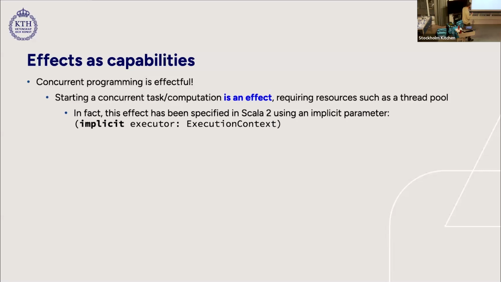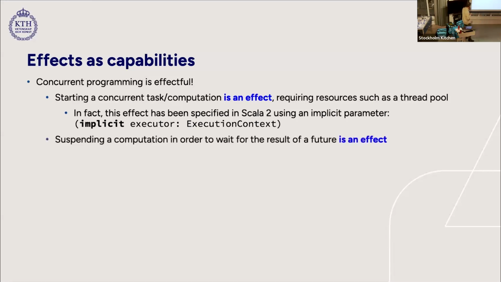This is essentially the same thing. In a sense, it's specifying that the method has a concurrency effect, because it requires this execution context. Suspending a computation to wait for the result of a future is also an effect. You can also think of message passing, like sending and receiving, as an effect that you might want to check.